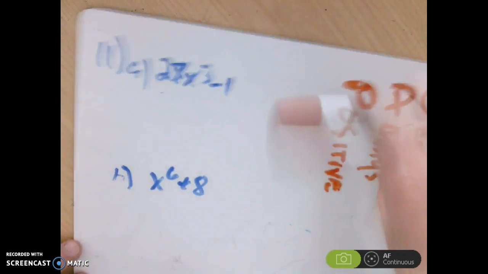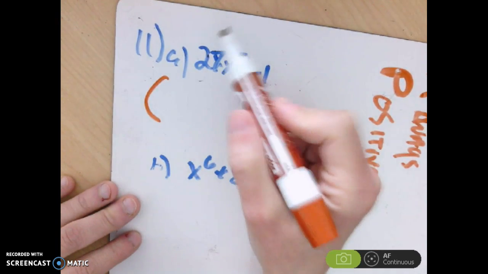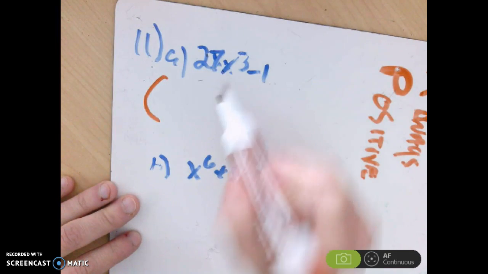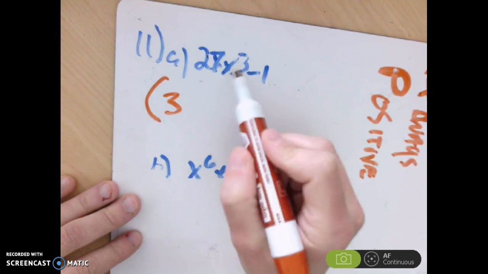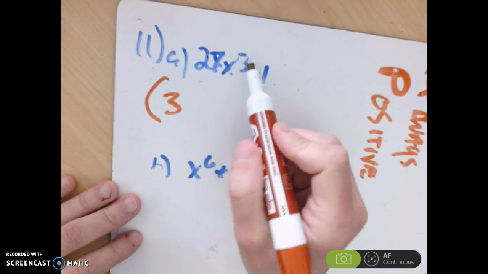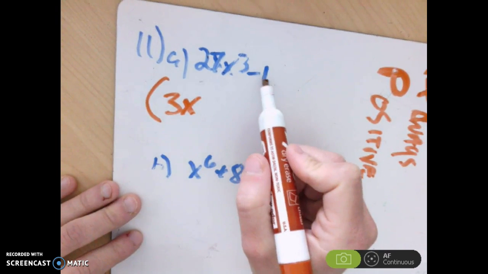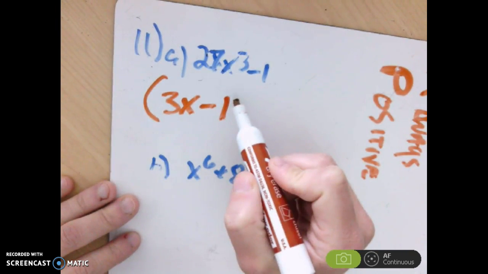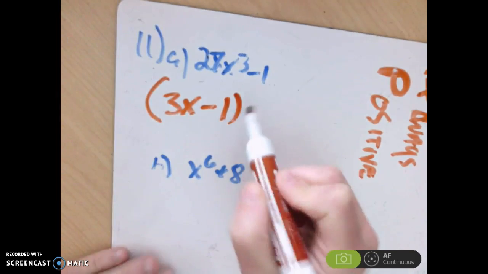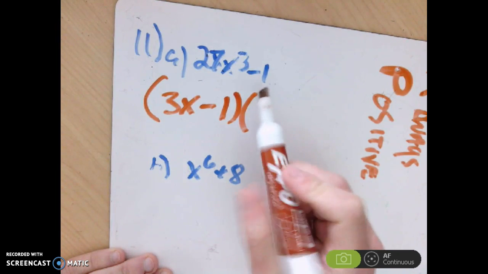Then I know that I have my a value, so I do the cube root. What's the cube root of 27? What times itself 3 times is 27? That's 3. And what times itself 3 times is x cubed? X. So I have 3x, and then what times itself 3 times is 1? 1. So same, I have to use my negative sign. Now, if you look back at the formula, it was a squared.